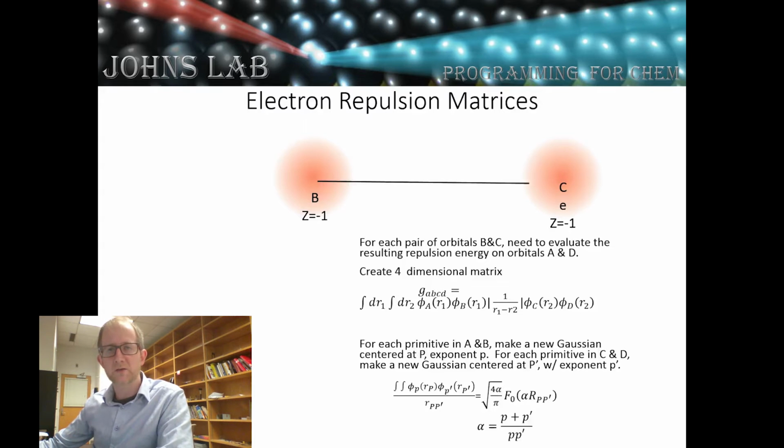Here, though, the operator is the electron repulsion energy that an electron feels due to another electron being in a combination of two orbitals.